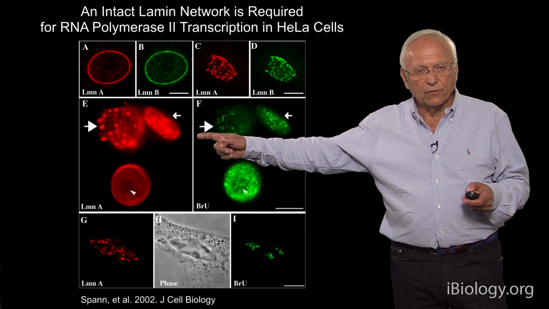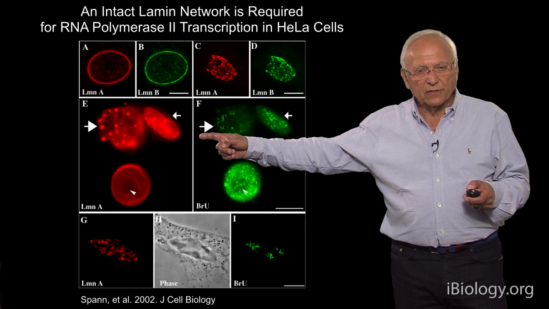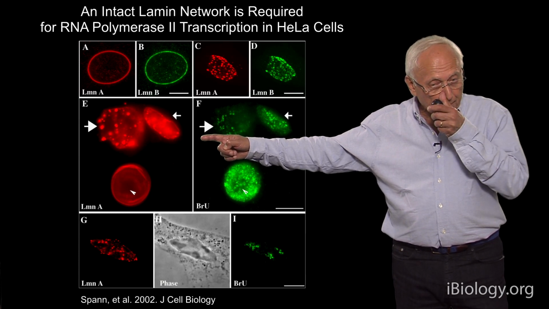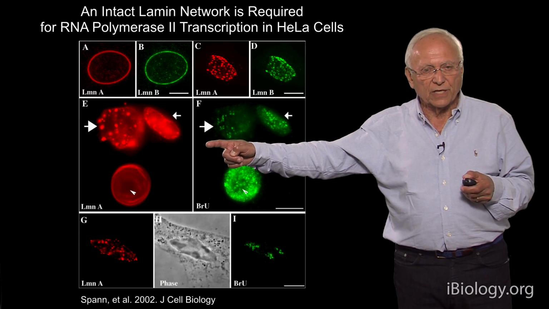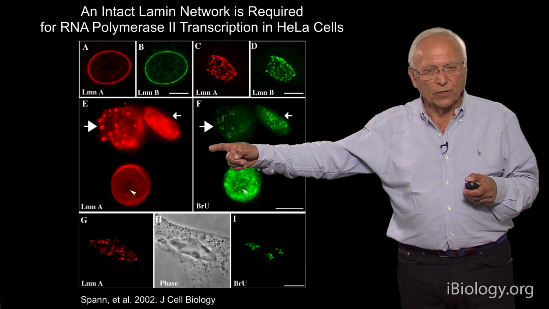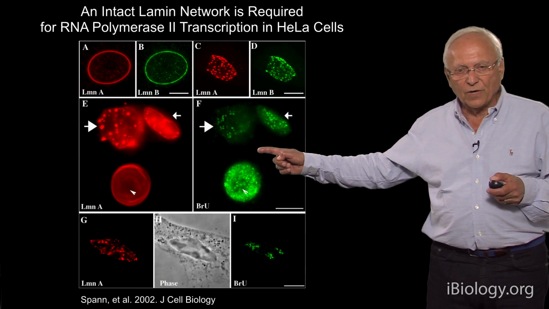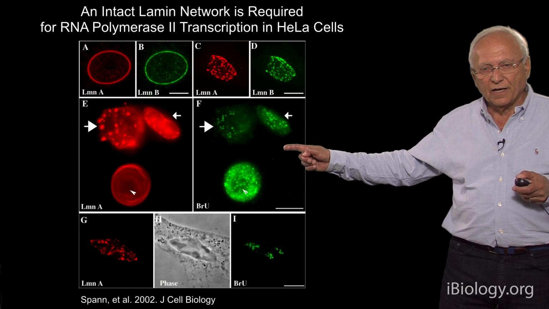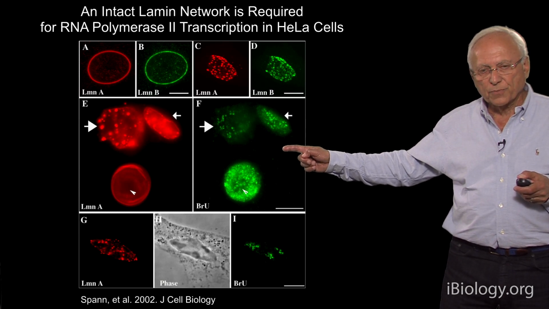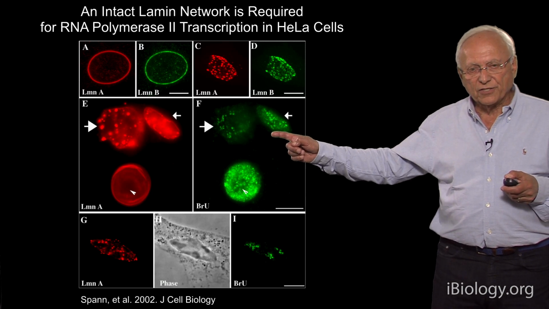This one on the right was injected at a slightly earlier time. And you can see in both cases there's disruption of the lamin organization, but the one on the left is even more disrupted. And then on the right, you can see the result of the same nucleus which was injected and incorporated or exposed to BrUTP, which is a probe for RNA synthesis.